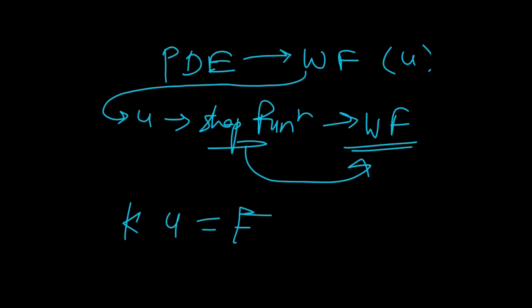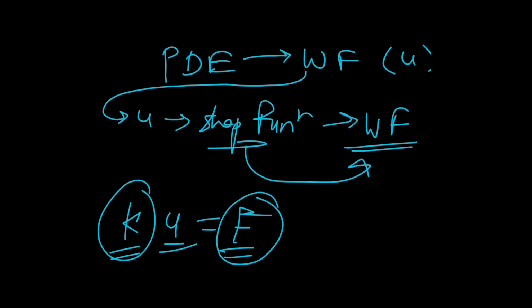K is the stiffness matrix, U is the displacement vector, and F is the forcing vector. So we have F, we have the stiffness matrix, and what we have to find is U, which is our result, our displacement or deformation or anything that we want to find.